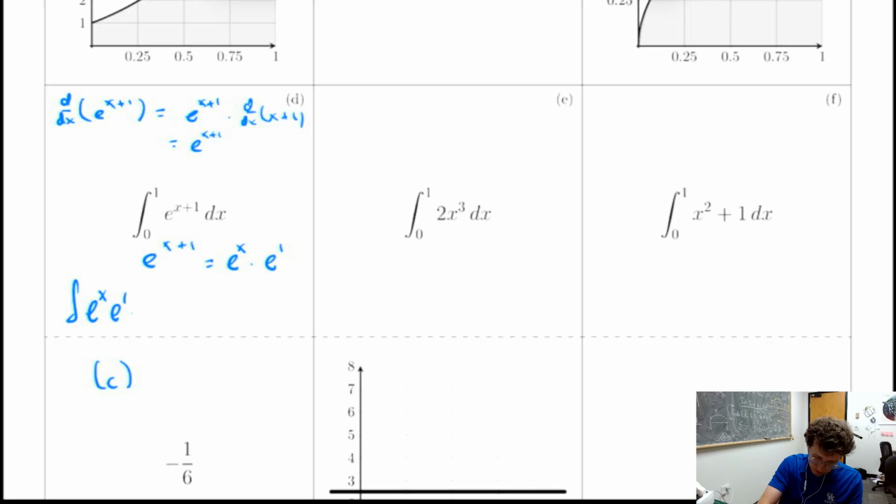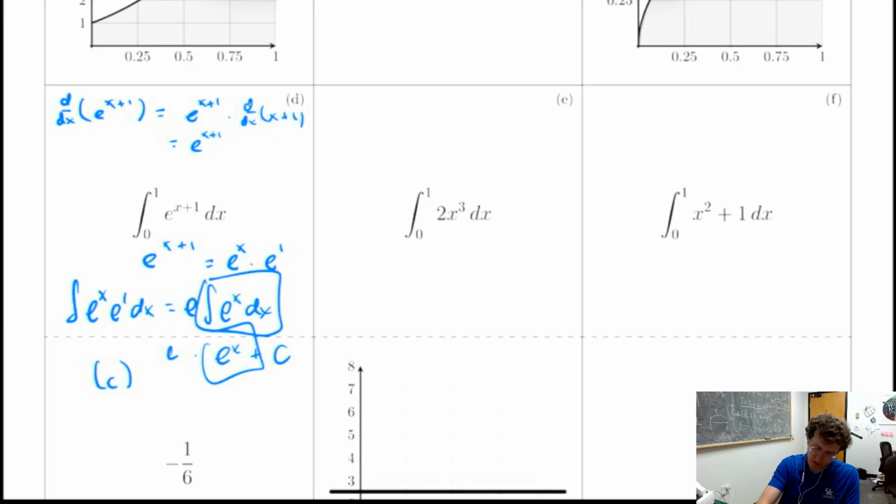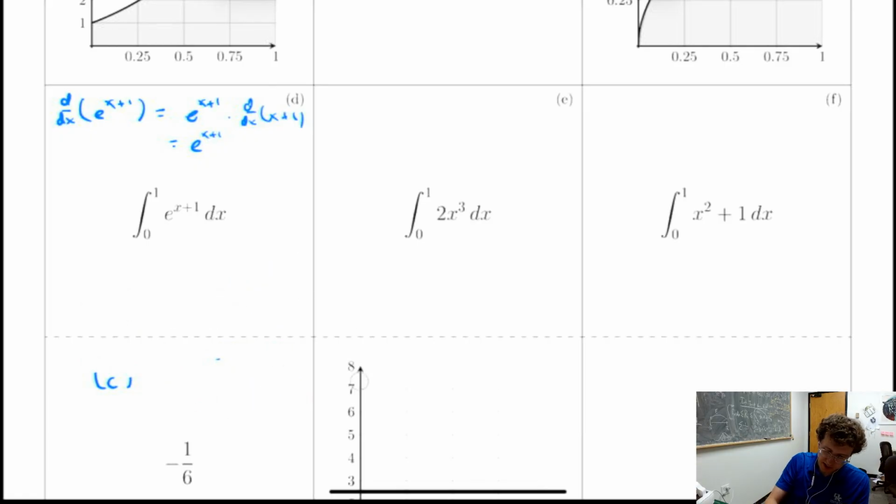So when you go to find an antiderivative, or evaluate the indefinite integral, you can pull that constant outside of the integral, and then the antiderivative of e to the x is simply e to the x. But I have this constant multiple of e, so it recombines with the e to the x, and I end up with e to the x plus 1. That's another method.